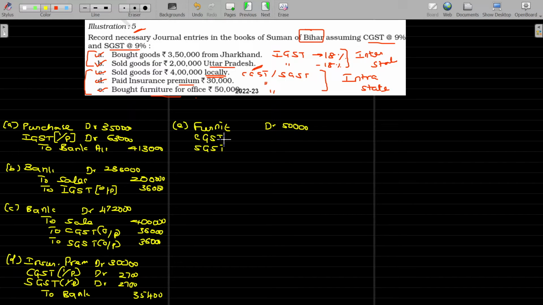I assume this is purchased within the same state, Bihar itself. So this is input, and this is also input, right? So debit and debit. This value being 9%, 4,500 is CGST, another 4,500 for SGST. Now I assume it is immediately paid to bank. The value being 59,000.